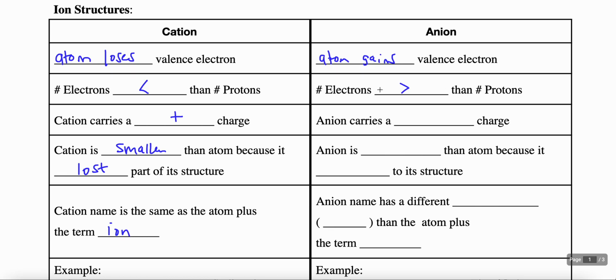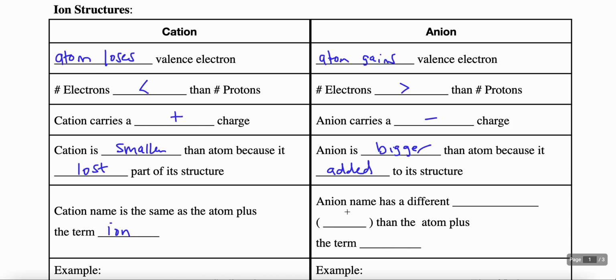The number of negative charges is now greater than the number of positive charges, so the anion carries a negative charge. The anion is always going to be bigger than the atom because things were added to its structure.